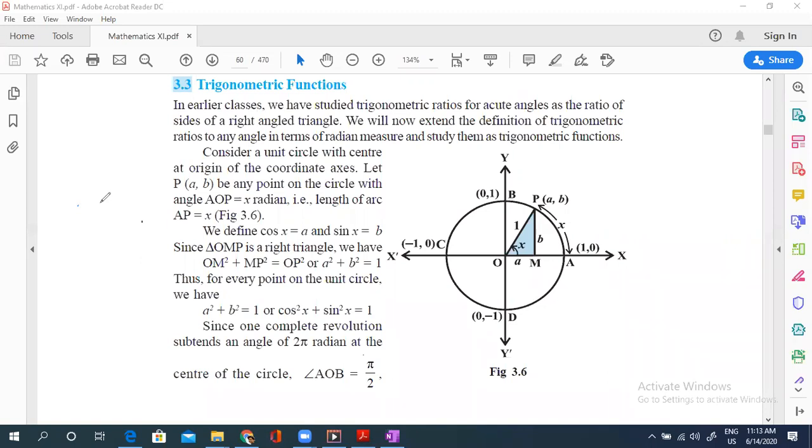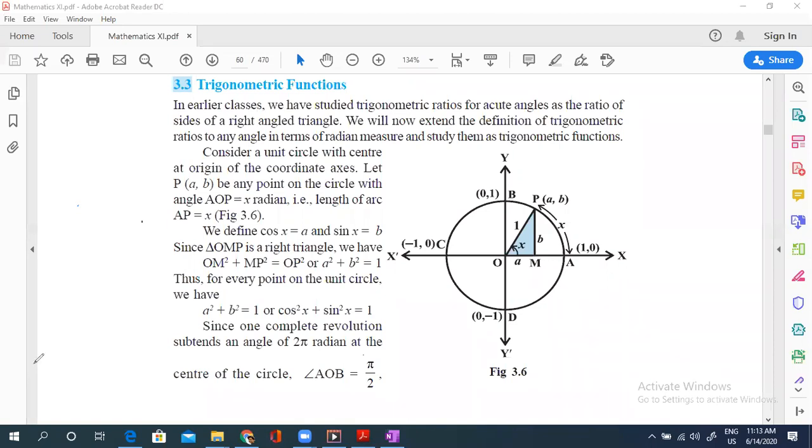Till class 9th, we can just relate angle with angle and side with side. So what if we have to relate angle with side? What do we need to do?